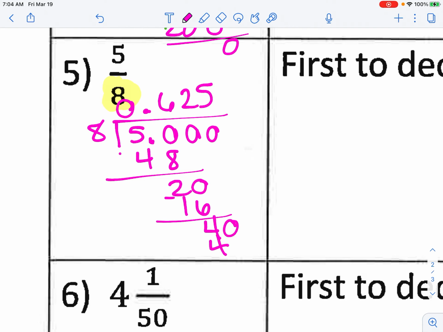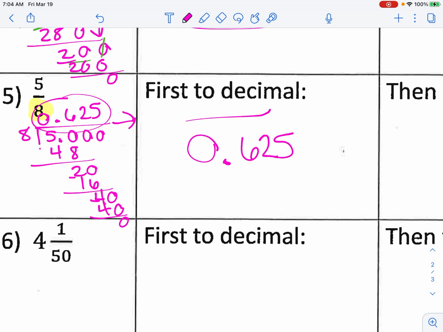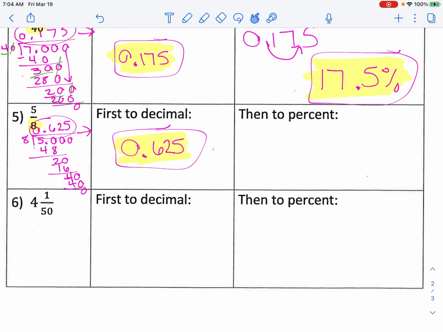And 8 times 5 is 40. So here's our decimal that we need to write over here in this box. 0 and 625 thousandths. 5/8 equals 0 and 625 thousandths.